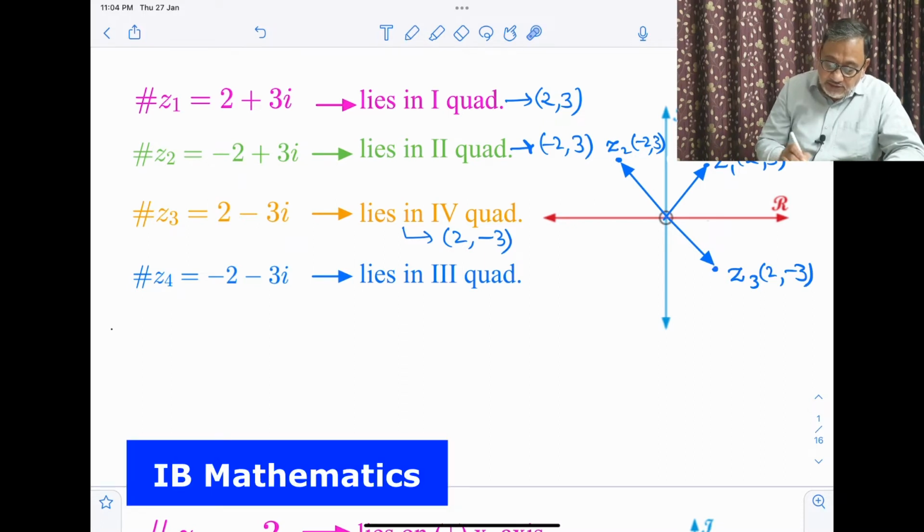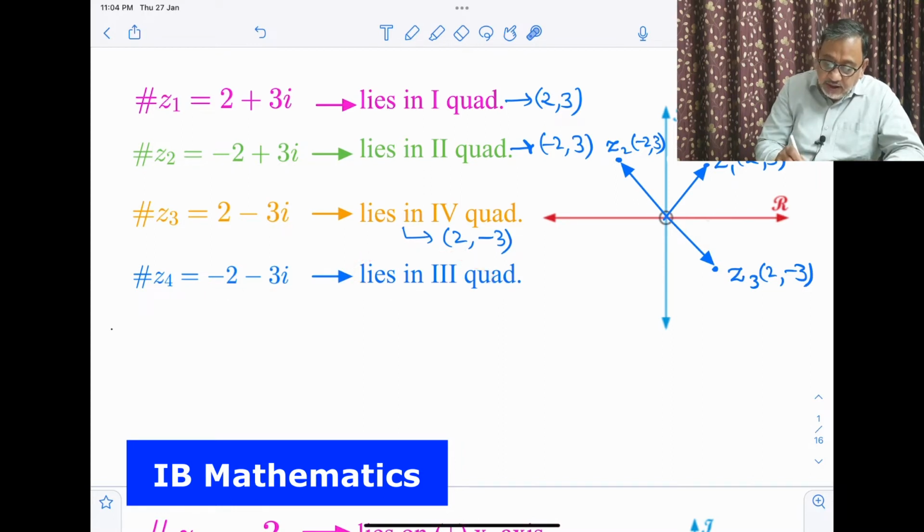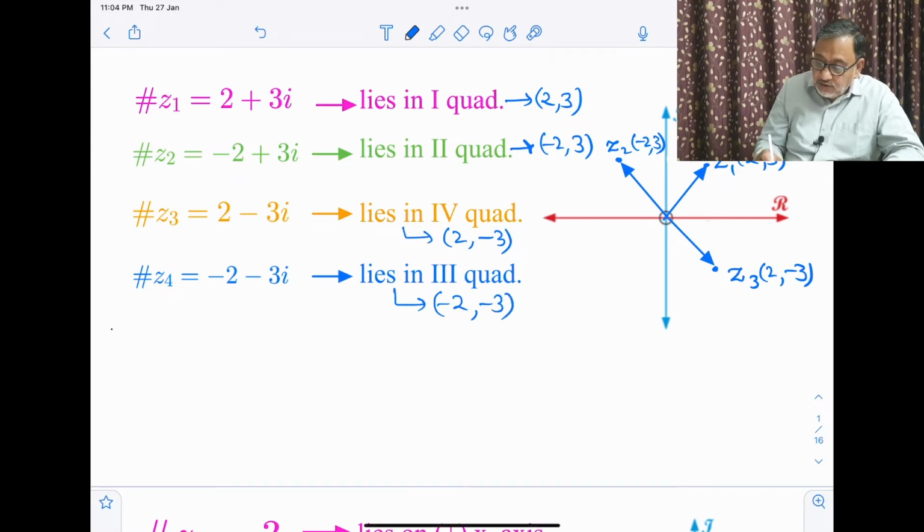Then the last one, minus 2 minus 3i, will lie in the third quadrant, associated with the point minus 2 comma minus 3. Suppose it is here, Z4, which is minus 2 minus 3, and it will be represented by this arrow.